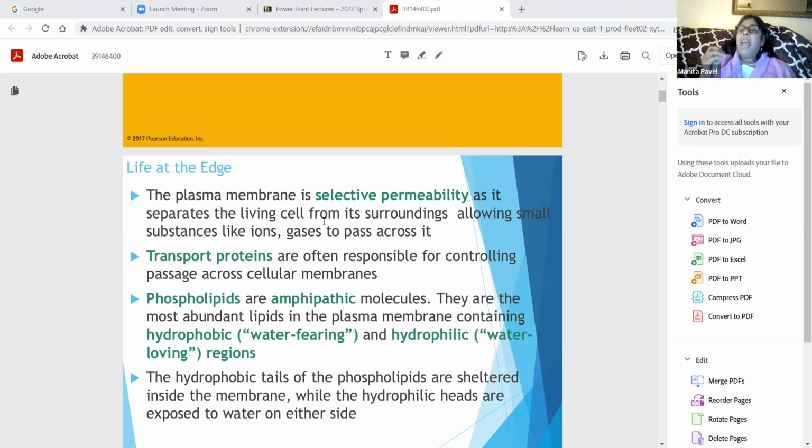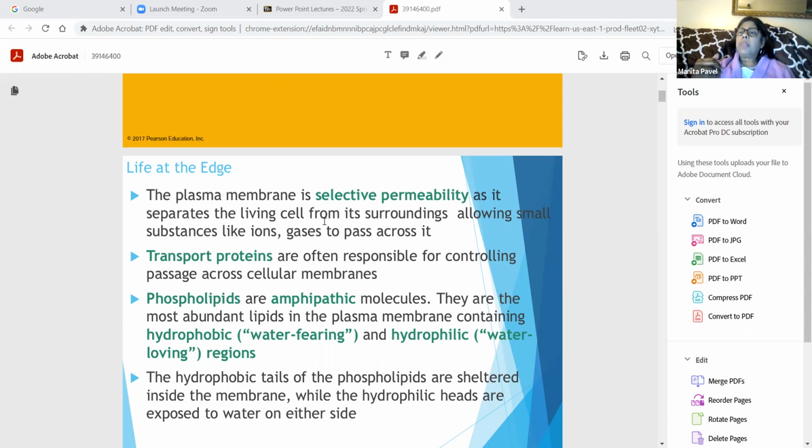We have phospholipids, which is a class of lipids and fats. And phospholipids consist of two fatty acids with one glycerol molecule, to which a phosphate group is attached. They are referred to as amphipathic molecules. What are amphipathic molecules?